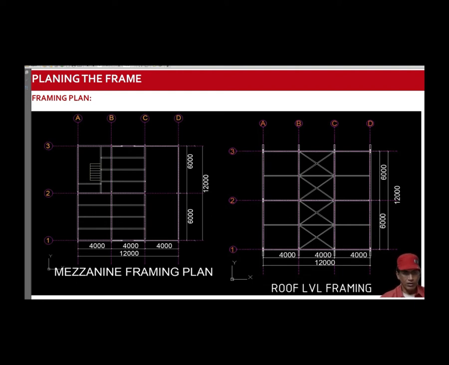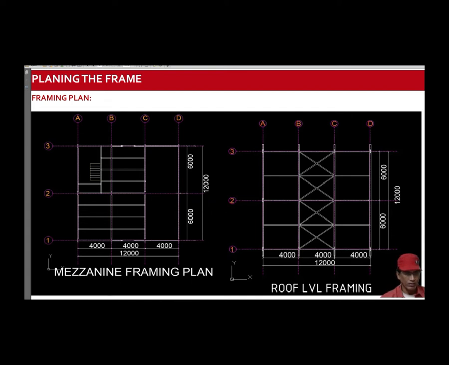The lateral load consists of wind load or the seismic load. In addition to this, the frame must be able to resist the pressure or thrust generated by wind load or by the components of seismic load.